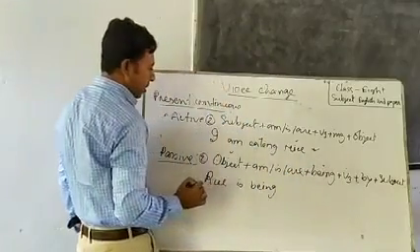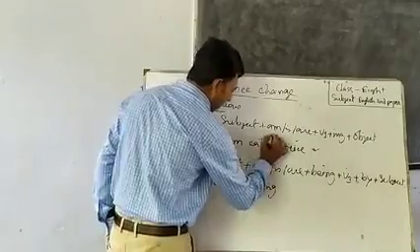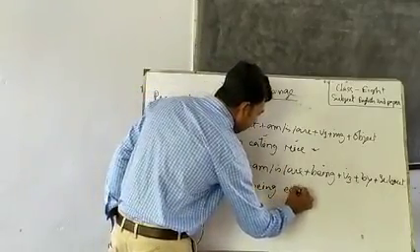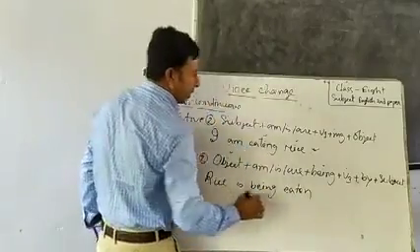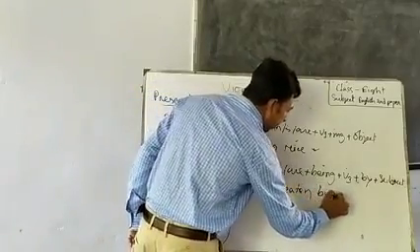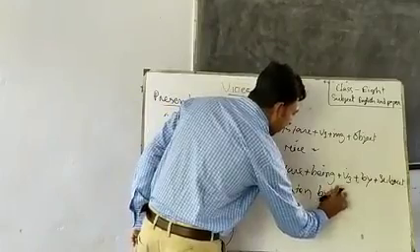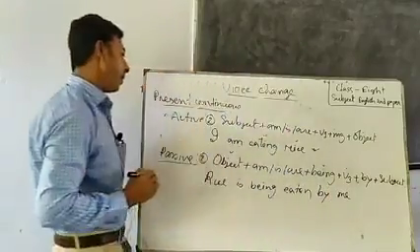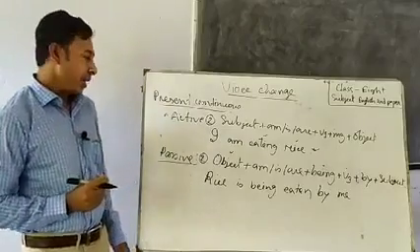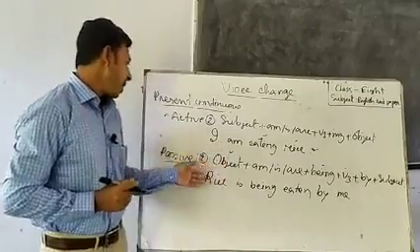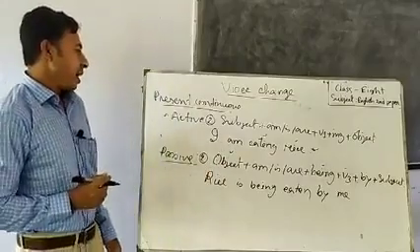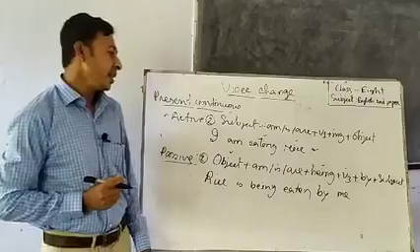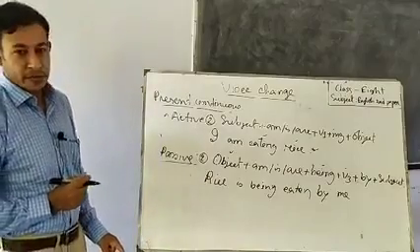Verb 3 means past participle form of verb. Here it is eaten. Then I write by. Then I write object, me. Dear student, here is the complete active to passive. If you learned this structure, I think it is very easy to change active to passive.